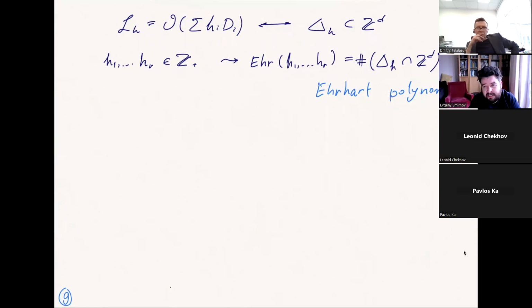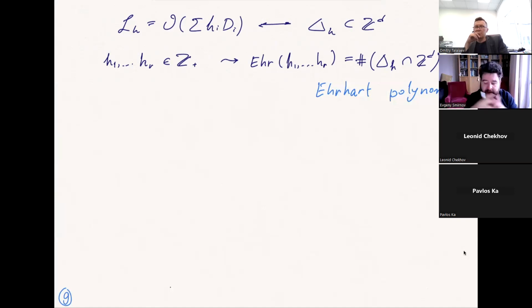A standard fact from geometry says that the number of such integer points is a polynomial in the h's, and it's usually called the Ehrhart polynomial of this polytope, or maybe of its normal fan instead. You see, it's very close to the volume polynomial, but still different.